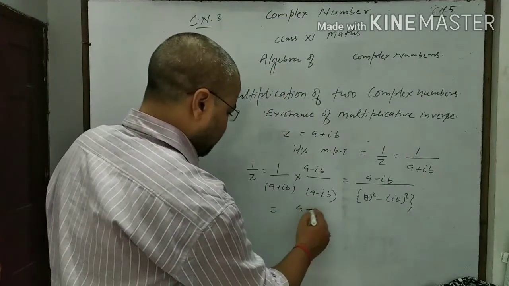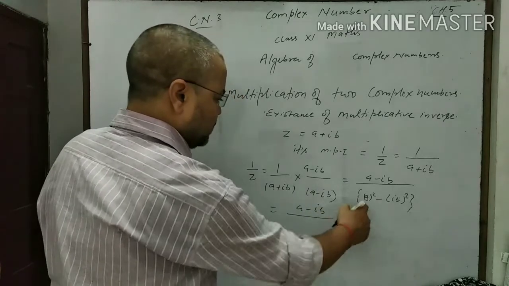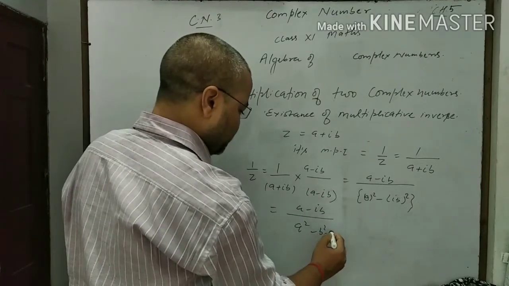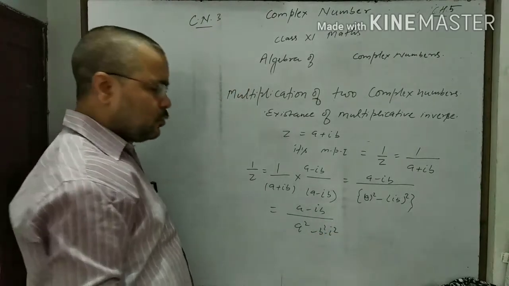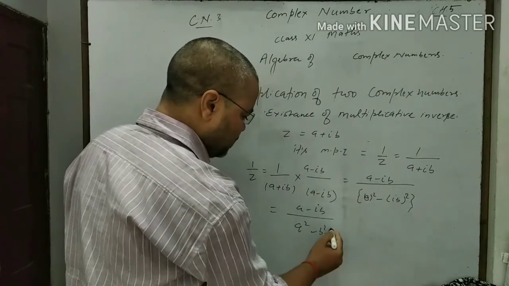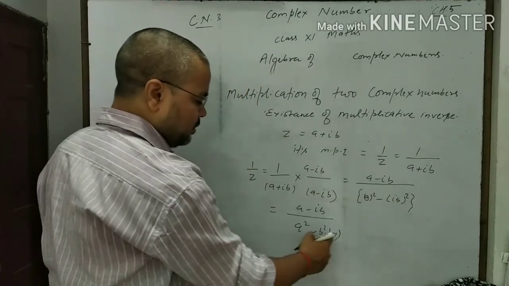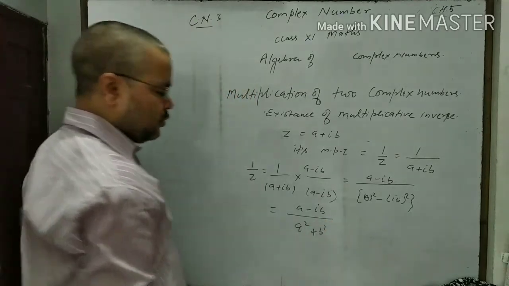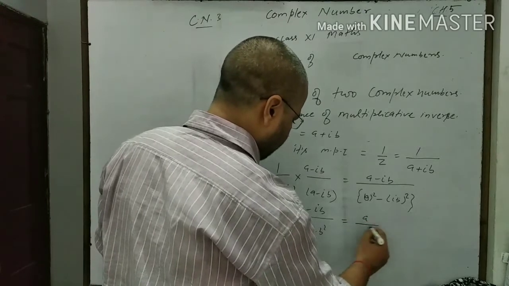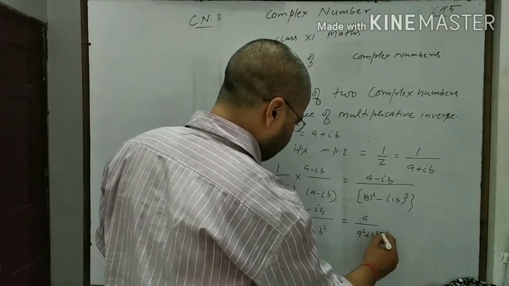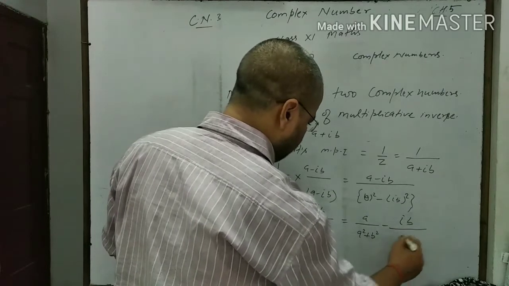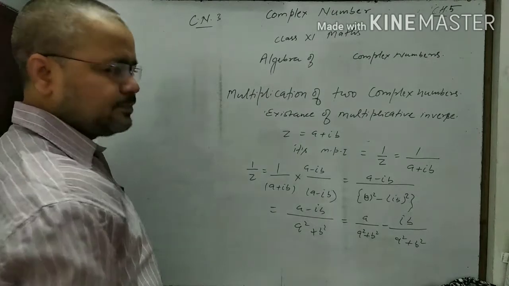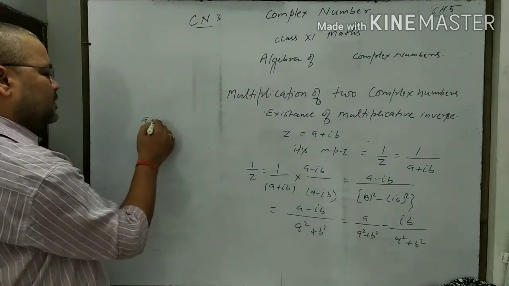Then we can write a minus ib upon a square minus b square into i square, and we know that the value of i square is minus 1. When multiplied, its value will be plus 1. We can write it this way: a upon a square plus b square minus ib upon a square plus b square.